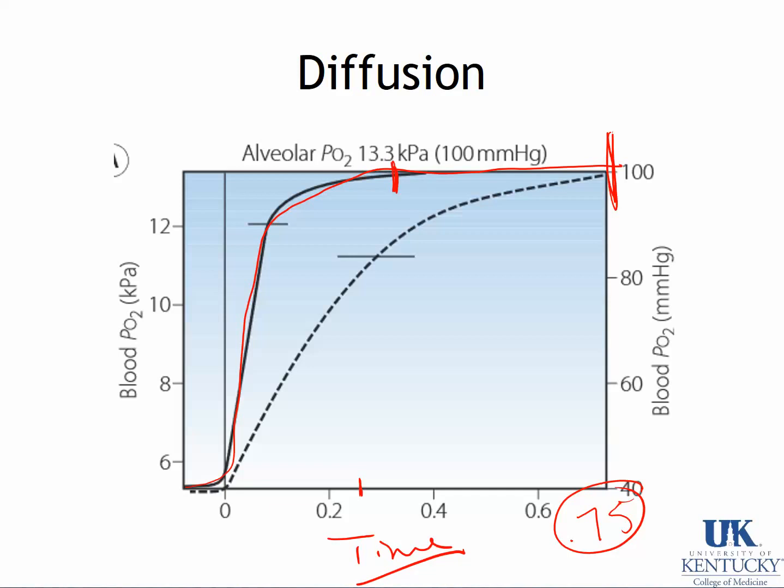But under circumstances of exercise or increased cardiac output, when the cardiac output is tripled, the amount of time that the blood spends in the pulmonary capillary may be as little as a fourth of a second. And so you may actually, at that point in time, not have gotten to the same value. The pulmonary capillary blood will not have the same PO2 as the alveolus does.